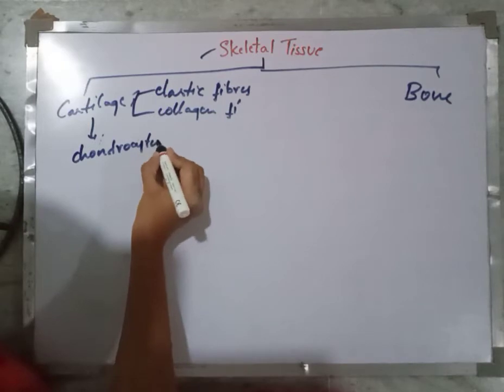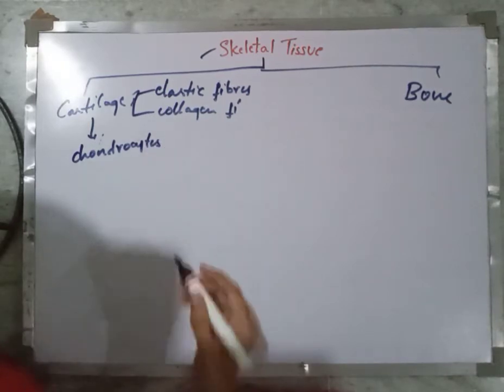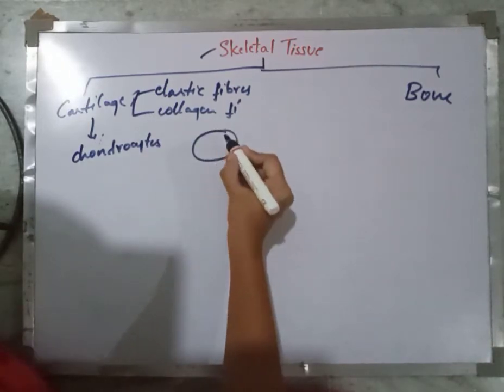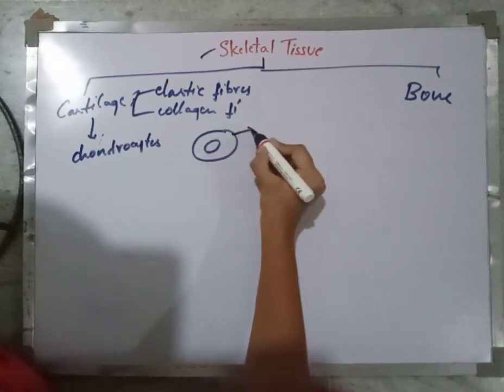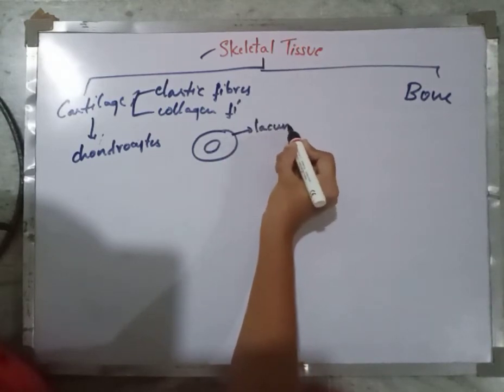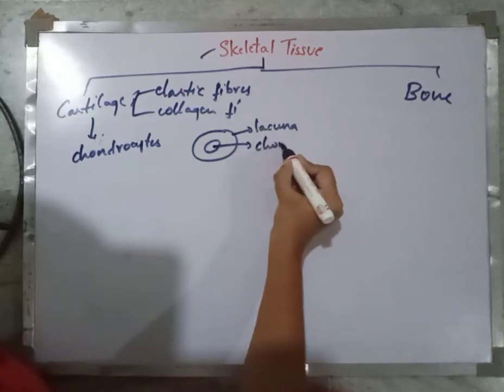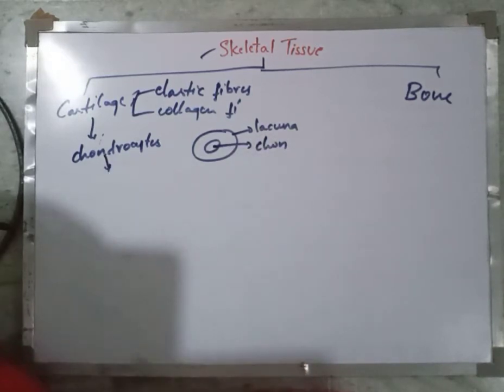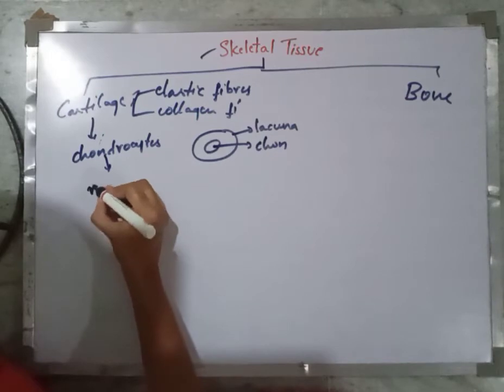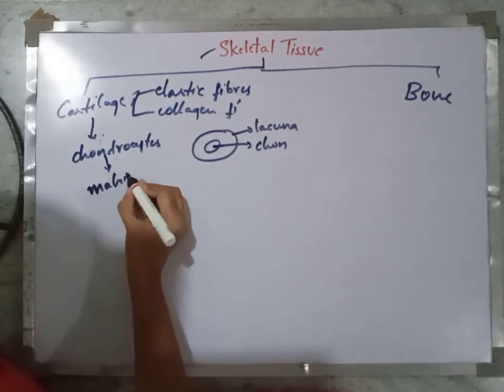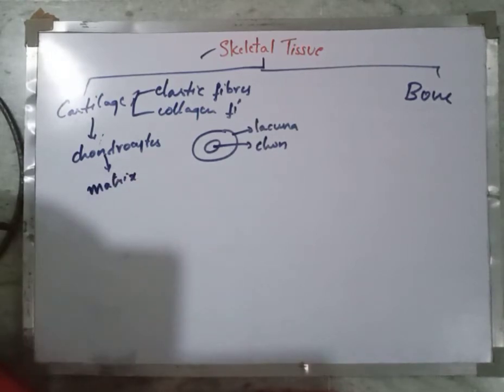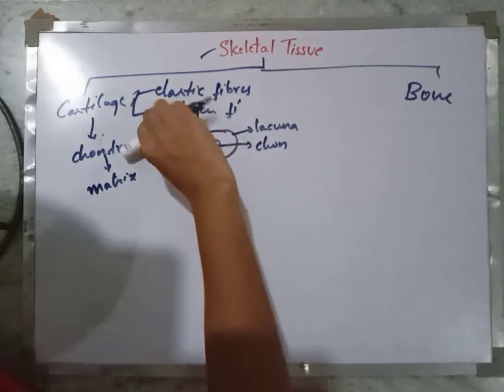These chondrocytes are enclosed in a fluid-like substance called lacunae. So this is a fluid-like substance which is called a lacuna, and these are the cells called chondrocytes. These chondrocytes are useful for providing the matrix of cartilage. So this is about the cartilage, and the cartilage is again classified into three types.